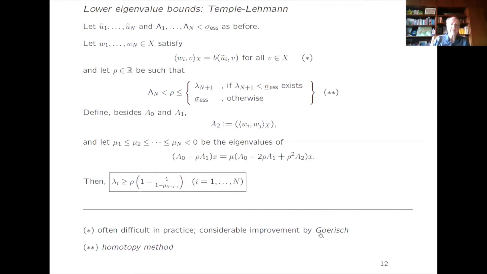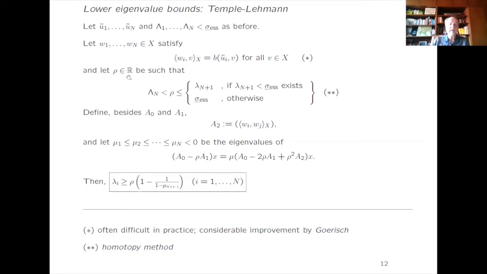And that is a bit technical, so I don't talk about this improvement here in detail. But I just want to mention that this problem is more or less solved by Görisch. So this problem is gone, that we have to solve boundary value problems exactly.